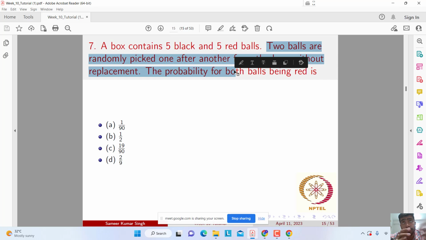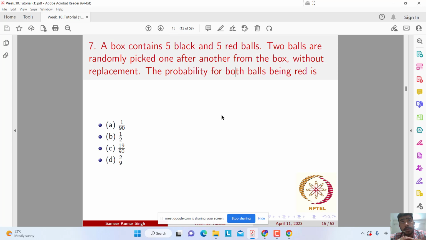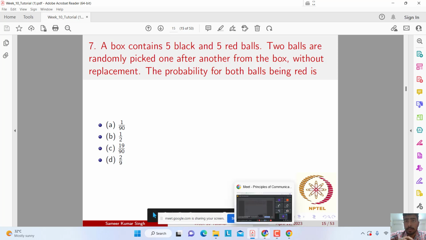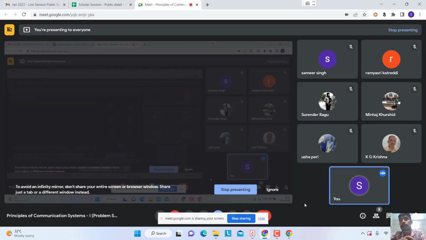So whenever you take the first ball, after that again you are picking another ball, and it should also be red. So 1 by 2 is not the right answer.